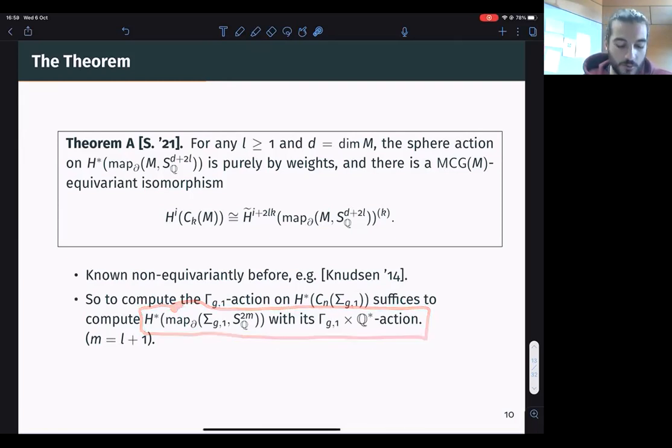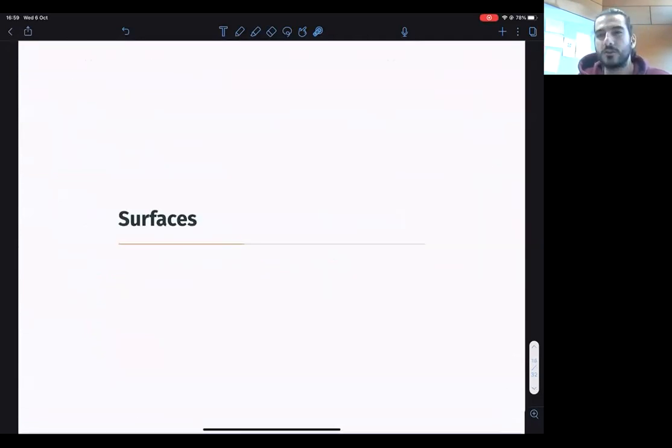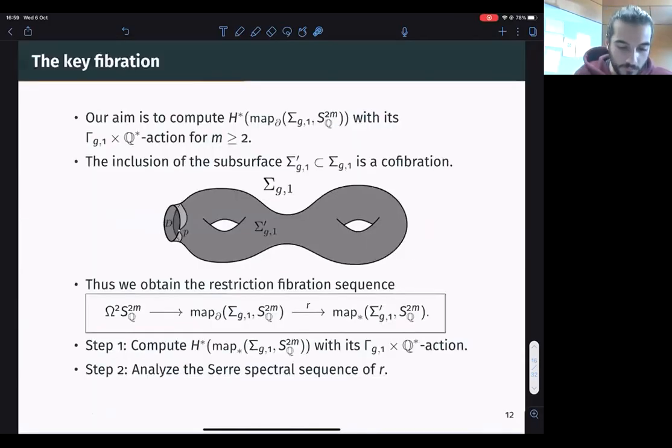And from now on, I'll set M equals L plus 1 just to make things a bit neater. So that's all I want to say about general manifolds. Any questions about this? No, perfect.